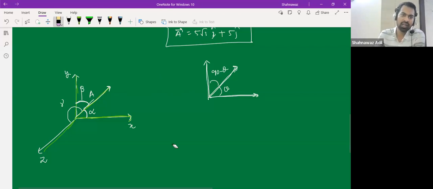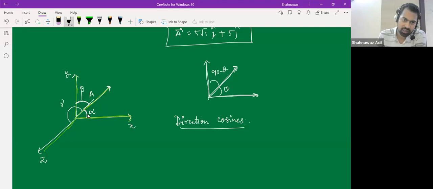Okay, so then we have the direction cosines. For a three-dimensional system, we have direction cosines. So this is alpha, with the x component, y component, and z component.